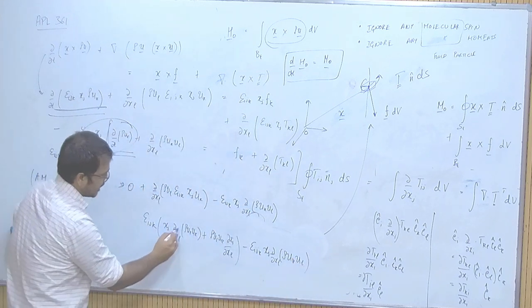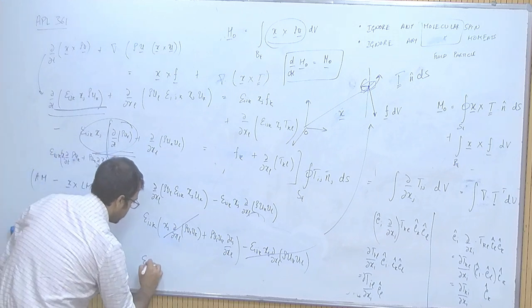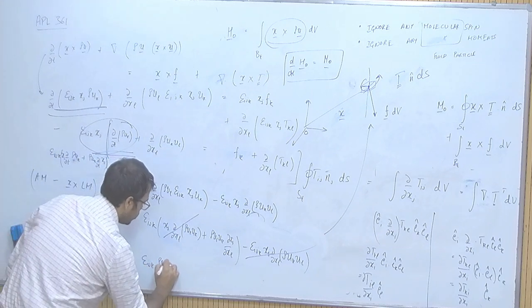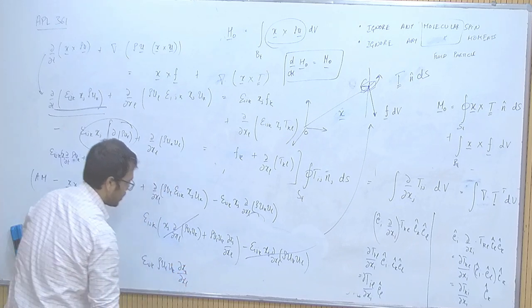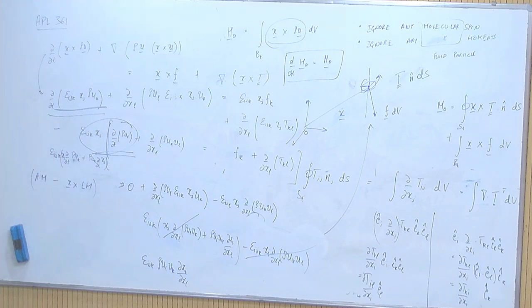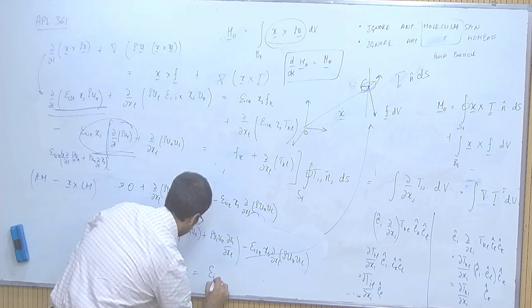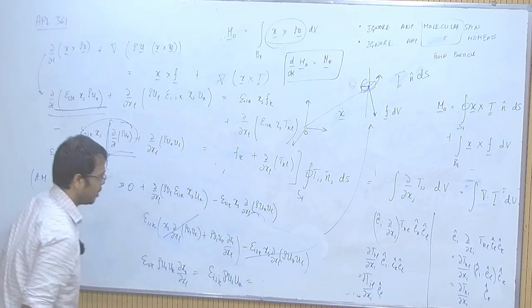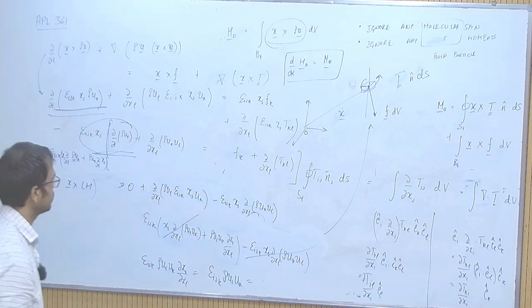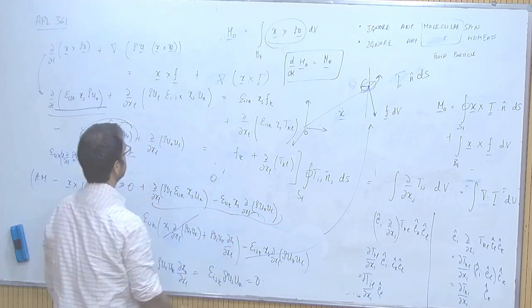So these terms cancel out and we are left with epsilon ijk rho ul uk del xj over del xl. What is del xj by del xl? Delta jl. So I can replace l with j. So this is nothing but epsilon ijk rho uj uk, which is what? 0. So this whole term is also 0.